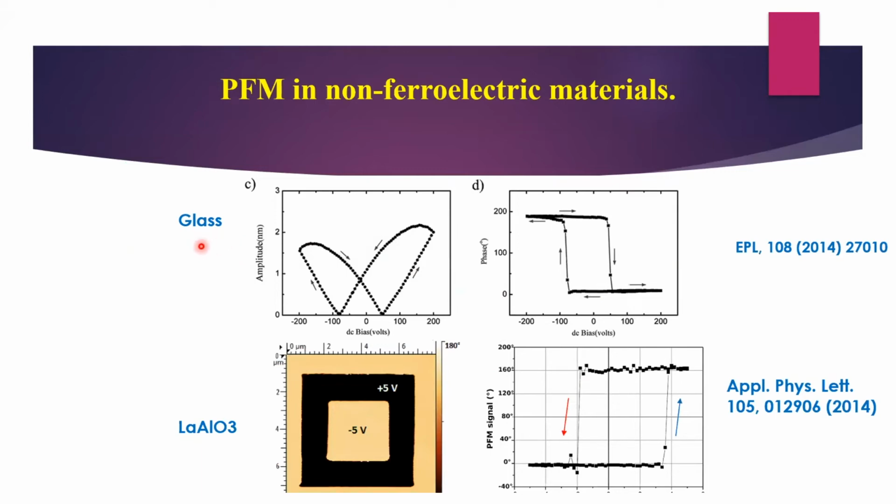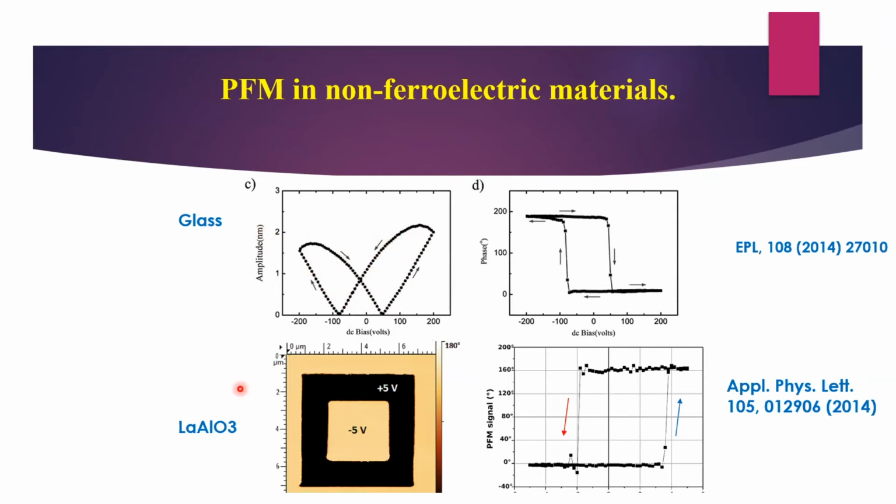In recent years, some people used this technique on glass, and they detected these hysteresis loops of amplitude and phase, and they began to say that the technique doesn't work, because it is not definitive for identifying whether the material is ferroelectric or not, because they obtain these similar curves in materials that are not ferroelectric.